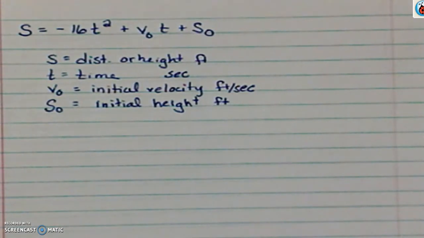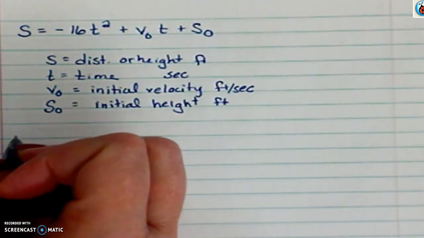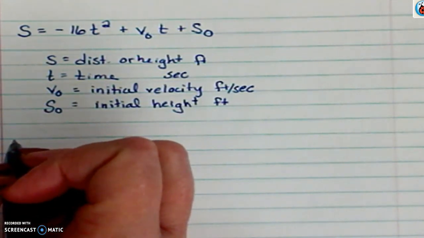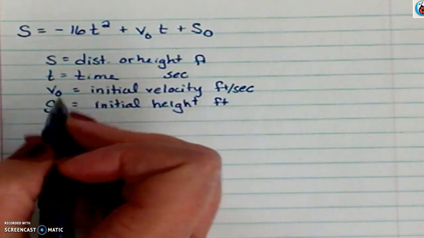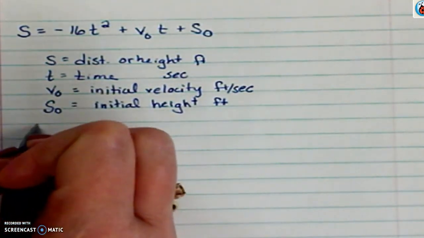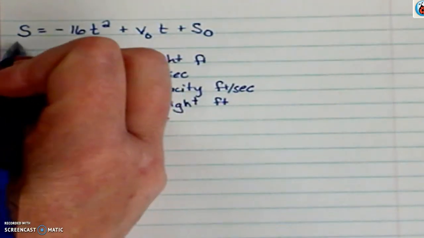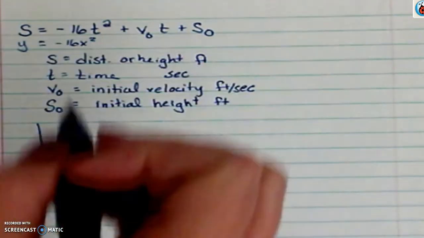So we have this equation, and when we are talking about differential calculus, it's using a lot of calculus to help you predict or describe motion, and that's what we're dealing with in this particular problem. So s is just going to be distance. If you look at a distance versus time graph, think of this as y equals negative 16x squared, something like that.